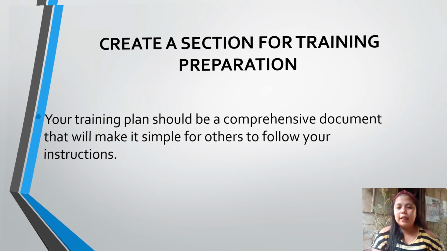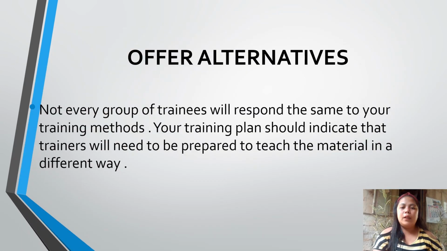Offer alternatives. So not every group of trainees will respond the same to your training methods. So your training plan should indicate that trainers will need to be prepared to teach the materials in a different way. So for each session of content, your training plan should indicate a couple of different ways to convey the material.